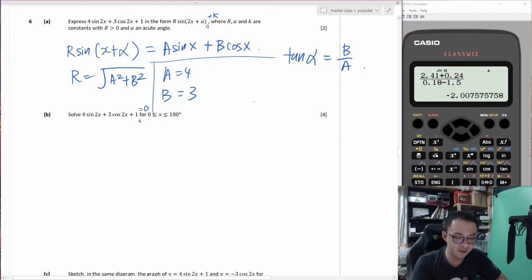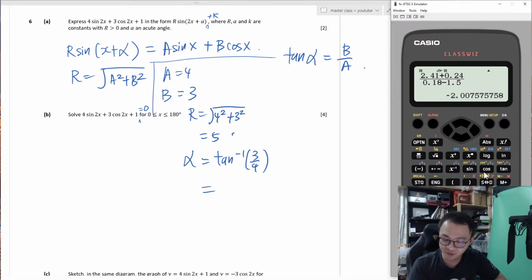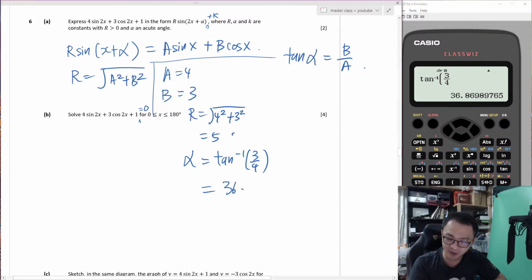Therefore I can get my R really quick: square root of 4 squared plus 3 squared, which is 5. Then I can get my alpha really quick, which is inverse tangent of 3 over 4. So just do shift tan 3 over 4. It should be 36.87.